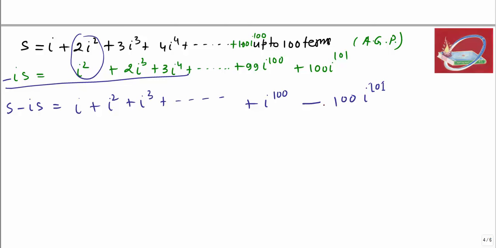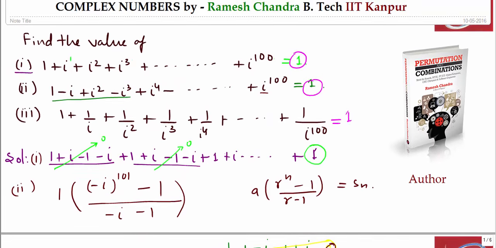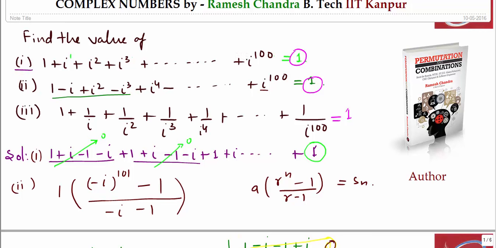Please look at this expression. This is from 1 to 100, having 100 terms, and if you solve it, this will be 0. From above, what remains is this 101 term, and the rest is 0.